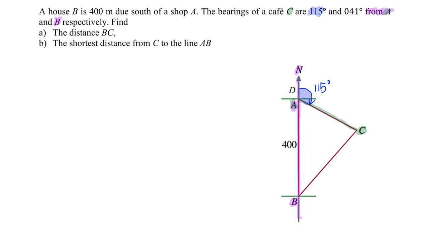From the north arrow to the ending line of CB, it is 41 degrees. With that, find the length of the distance BC.